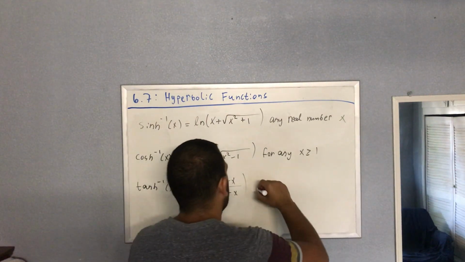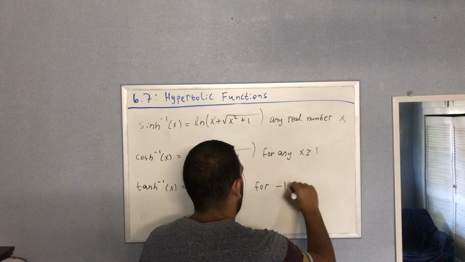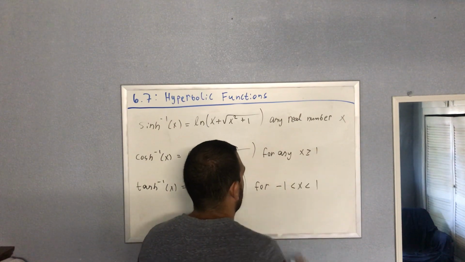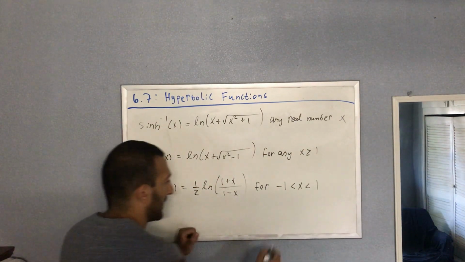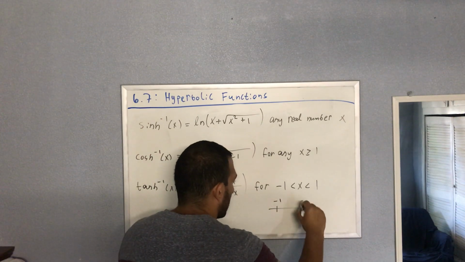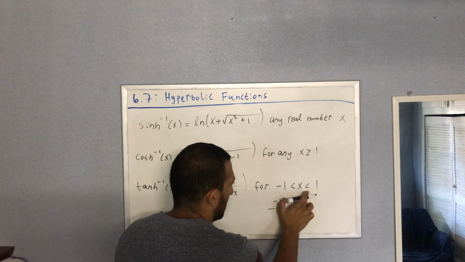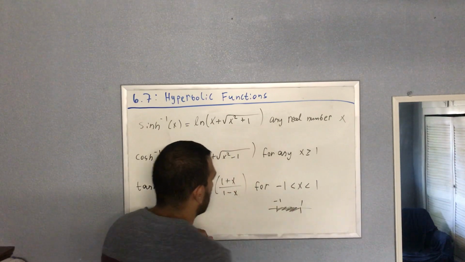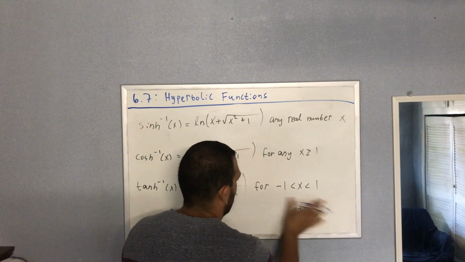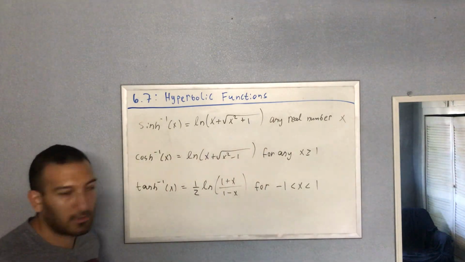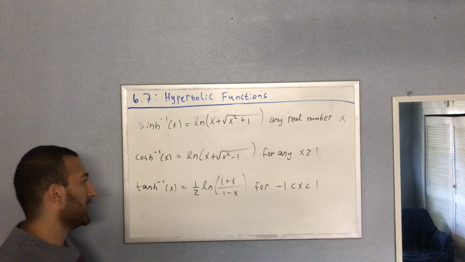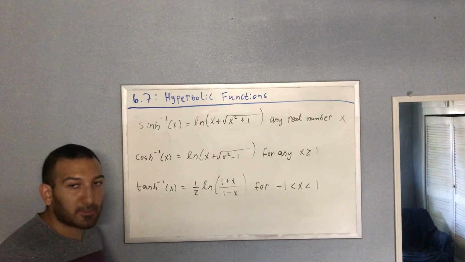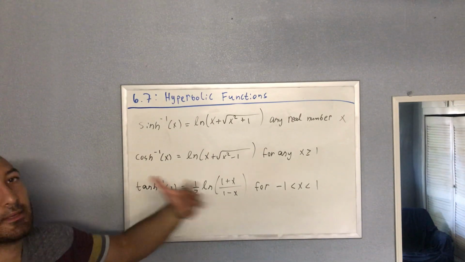And then this is for x basically in this interval, meaning x is a number between -1 and 1, but it can't be those because these are not less than or equal to. So it's some number between -1 and 1. That's the definition.